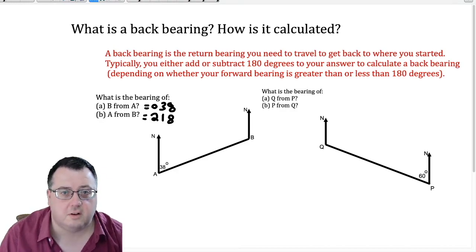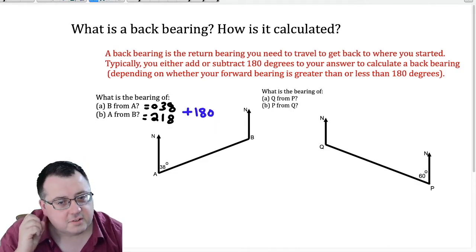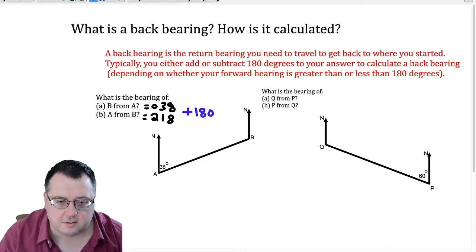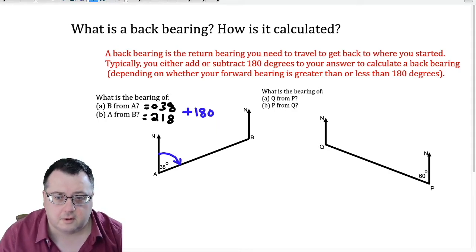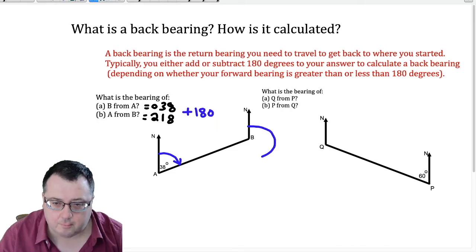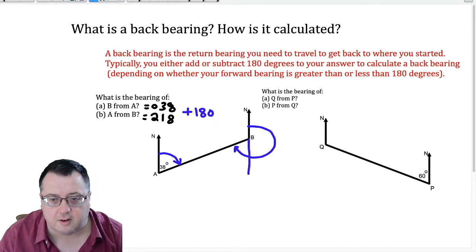Notice that if I add 180 degrees to 038, I will get 218. So there's the forward bearing, 038. To get the back bearing, you're adding that 180 plus 38.